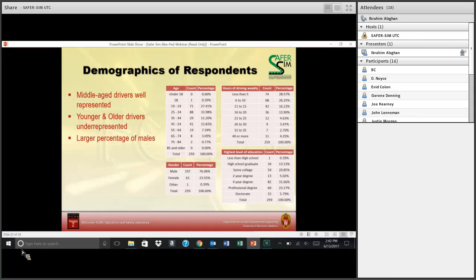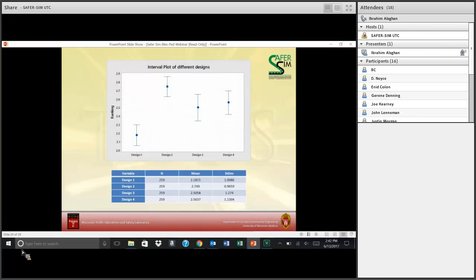It could be uniform in terms of hours of driving weekly and highest level of education. As you can see here, for design 1 the mean was almost 2.18, and for design 3 it was 2.5, as the mean of ranking. Let's go next.